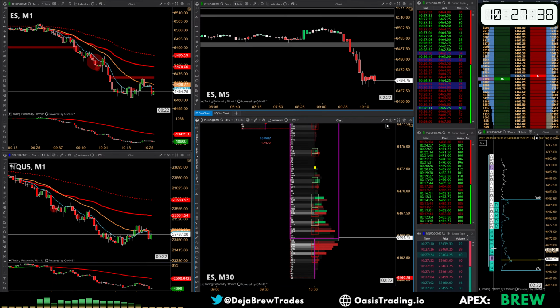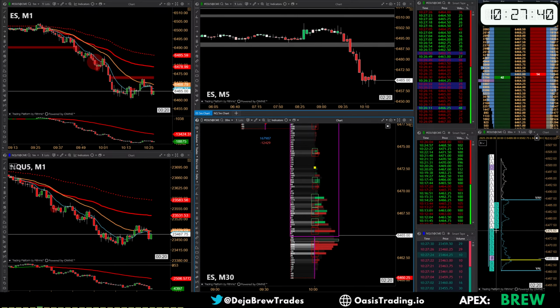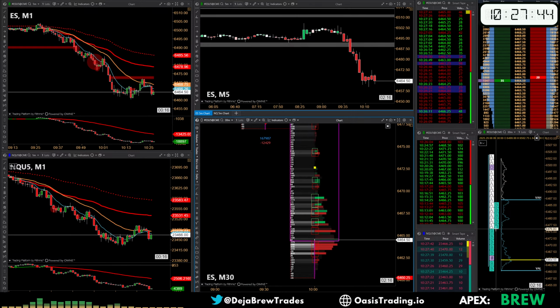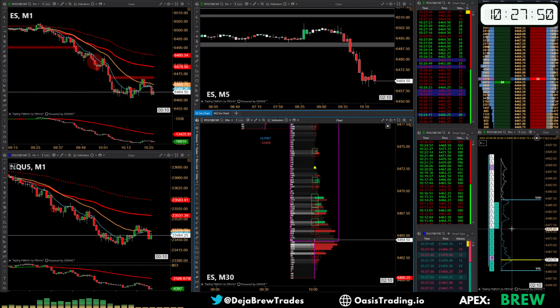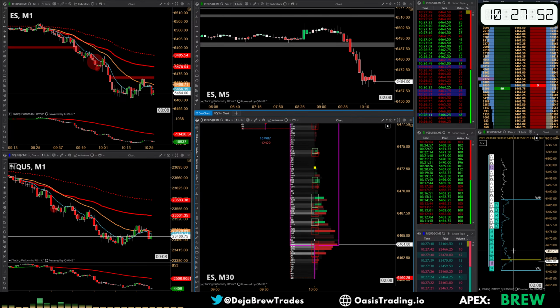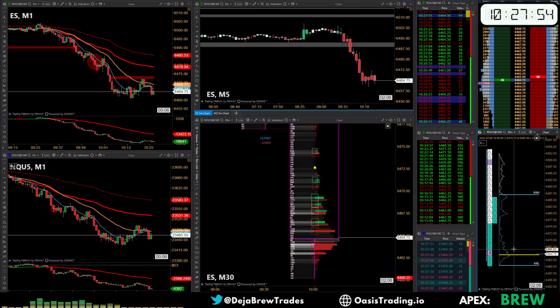You want that bounce to be timed perfectly with that 30-minute close so that they're trading around that level right when it locks in, so you don't create those single prints. So if you bounce like 5 to 10 minutes early, you're pretty much guaranteeing that you're going to have those single prints.